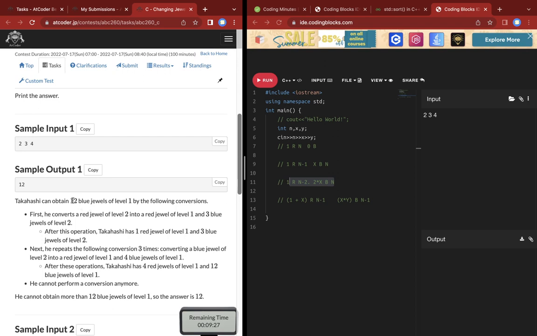Okay, 12 blue jewels of level 1 by the following. He converts a red jewel of level 2 into a red jewel of level 1 and 3 blue jewels. Next, he repeats the following another 3 times, converting a blue jewel of level 2 into a red jewel of level 1 and 4 blue jewels. How does he have 4 red? Weird. He had 1 red at the start.